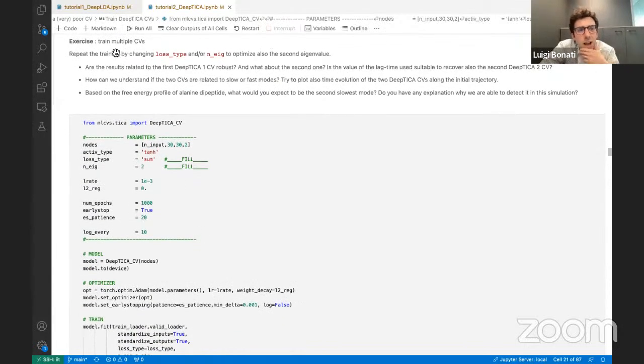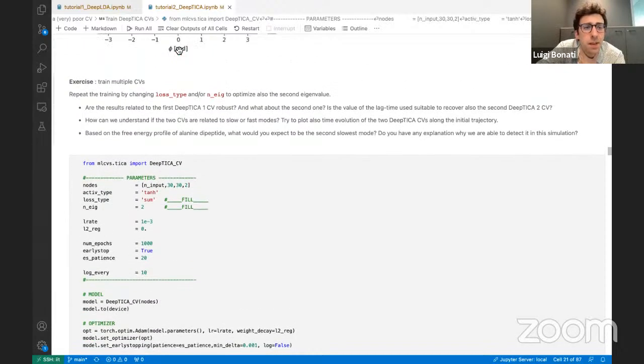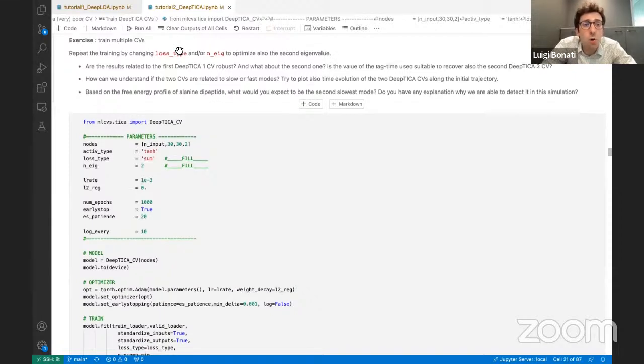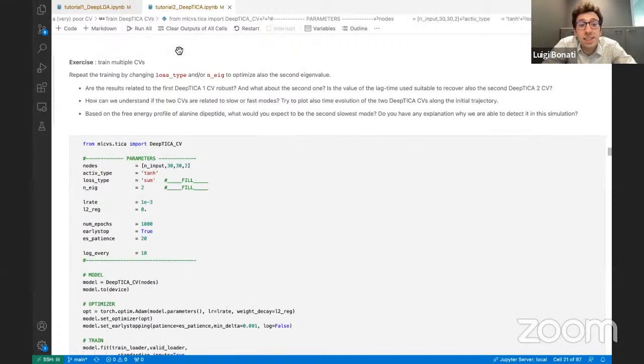So here I put a few questions and two things to try out. One could repeat the training by changing the loss type. Loss type here means you could optimize the sum of the squares of the eigenvalues, just a single one, or just the sum of the eigenvalues.